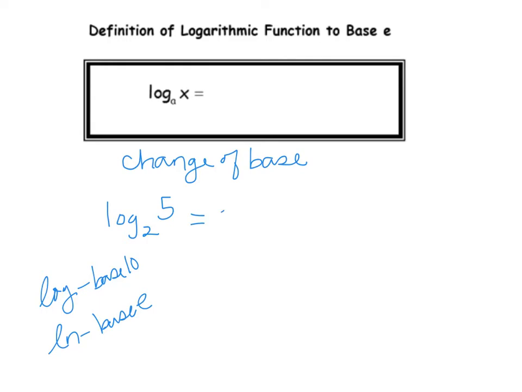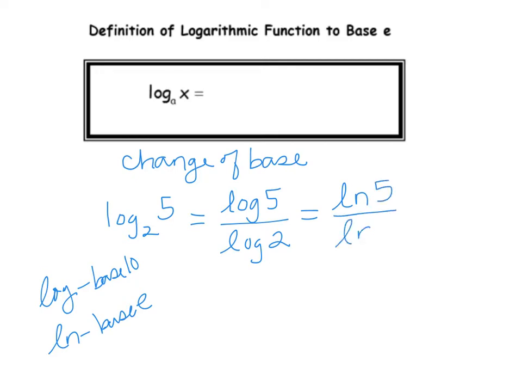But we learned that we could actually write log base 10 of 5 and then divide that by the log base 10 of 2. We also know that we could do that with the natural log. We could say the natural log of 5 over the natural log of 2, and these will both be the same value. So using change of base on the definition of a logarithmic function would be the natural log of x over the natural log of a.